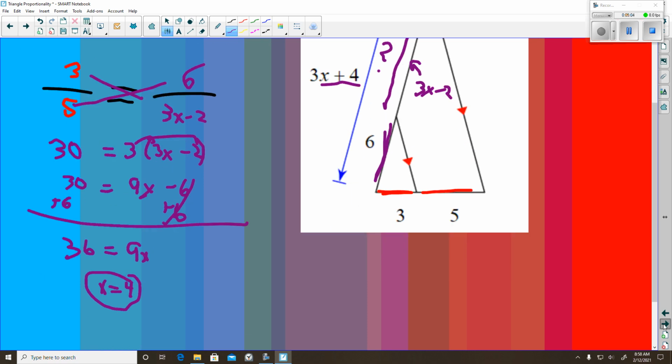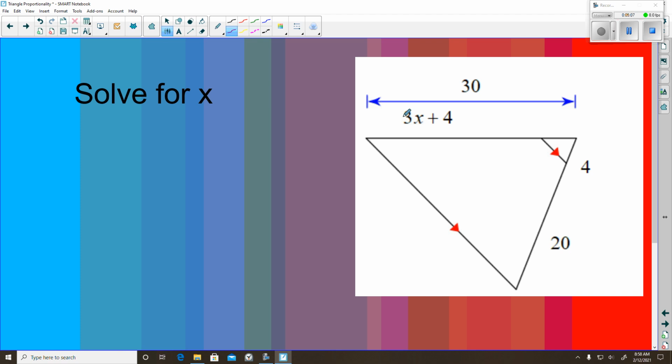But that's how you set them up. Let's do one more. Again, we don't know this part, so we have to find that, but we can start to set up our proportion. Small over big equals small over big. Small is 4 over big, which is 20. So 4 over 20 equals small on this side, which we have to figure out, over big, which is 3x plus 4. To figure out this piece, we have to subtract again, but this time the whole thing is 30.